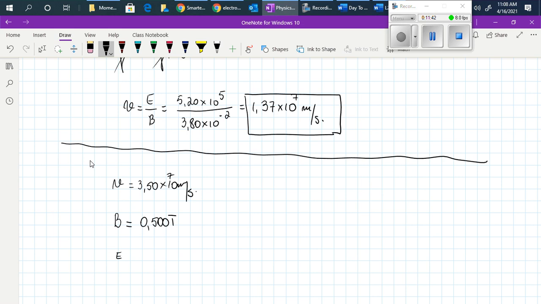So what is E? Now, again, let's deal with some directions here. Let's say that it is entering east, and the magnetic field is going out of the page. Let's see now what the direction of the electric field is and all that.